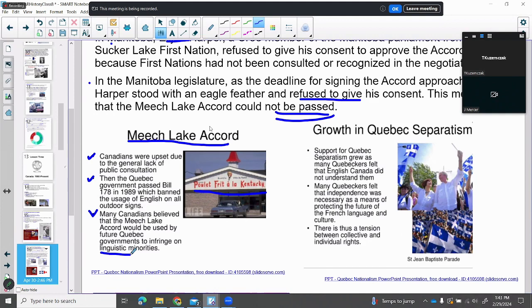So as this is happening, there's continued growth in Quebec separatism. Support for Quebec separatism grew as many Quebecers felt that English Canada didn't understand them. Many Quebecers also felt that independence was necessary as a means of protecting the future of the French language and their culture.